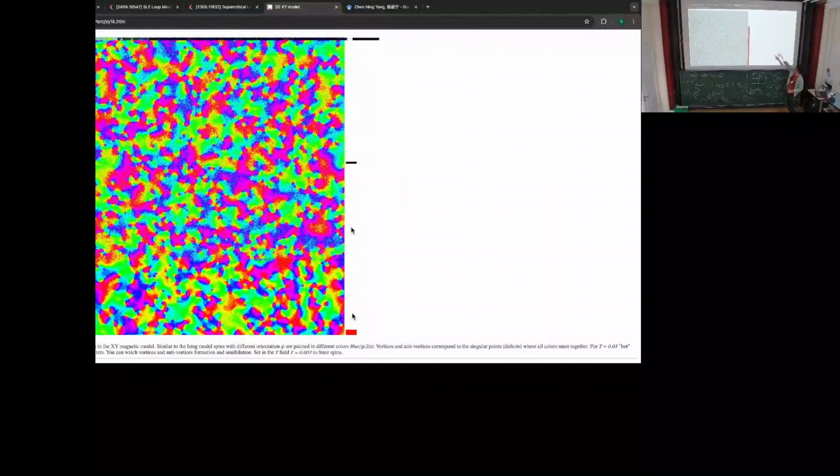If the temperature is high, so T is much larger than this bar here, it looks like an old-style color television, and it's very noisy. It's almost white noise. But if I were to zoom in, let me go a little bit closer to here. I guess you don't see much, but one will see that it's not white noise.